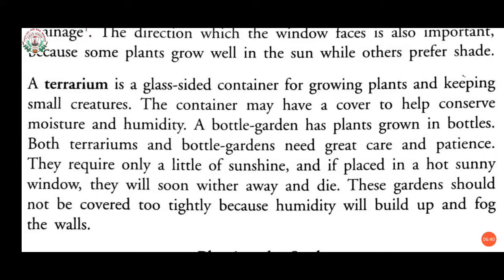Both terrariums and bottle gardens need great care and patience. They require only a little sunshine, and if placed in a hot sunny window, they will soon wither away and die. These gardens should not be covered too tightly because humidity will build up and fog the walls.